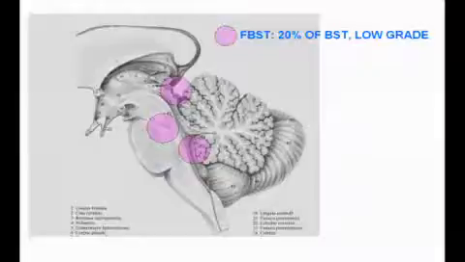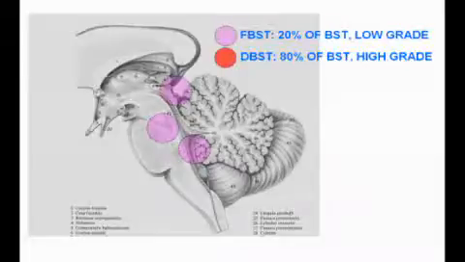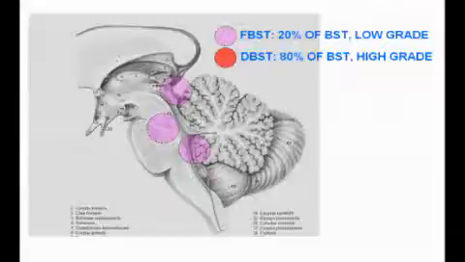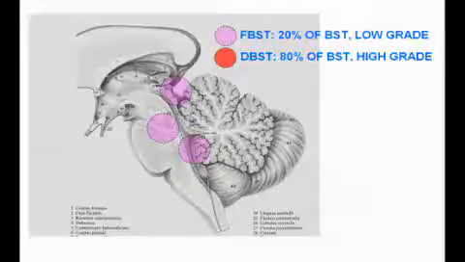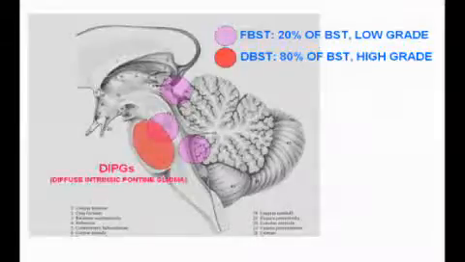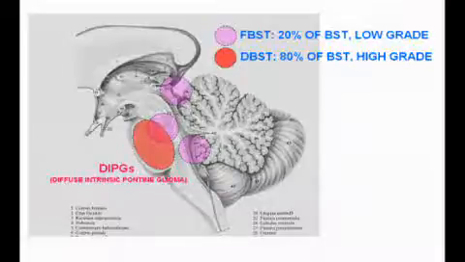But as I said, these tumors normally are pilocytic astrocytomas, and they have a good prognosis. Unfortunately, most of the tumors that grow in this area, in the brainstem, are diffuse brainstem tumors. And unfortunately, they grow mostly in the Pons. They are the DIPGs. This kind of glioma is really aggressive.